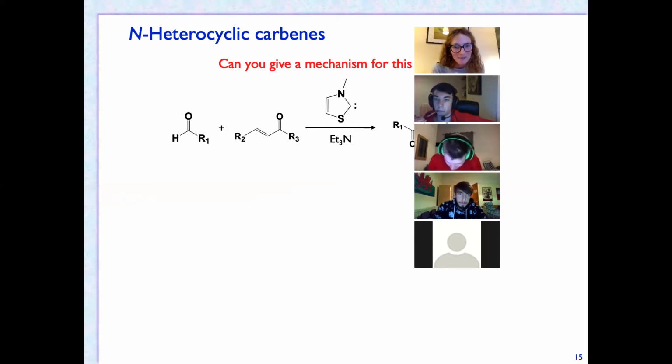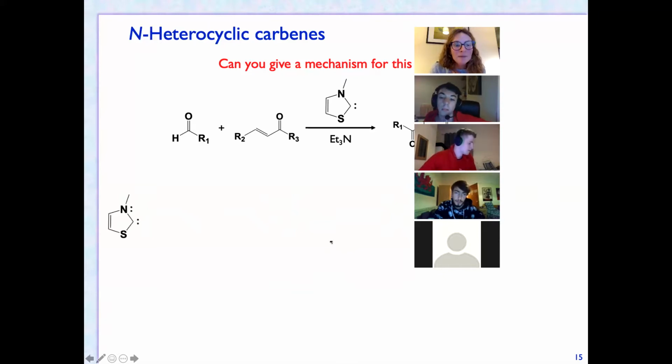Please have a look. I would like you to tell me the mechanism for this reaction. So tell me what happens. Does the carbene attack the aldehyde?